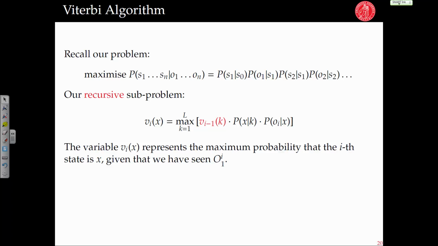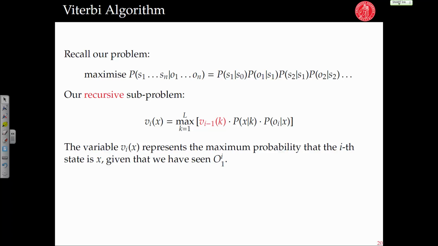I'll repeat it again, but you will get a chance to see it in practice in an example. What we are claiming here is that we can find the maximum probability of some path at the state x up to point i by assuming that we have computed the maximum probability of all possible preceding states, which is saved in vi minus 1 of k, where k loops through all the possible states.